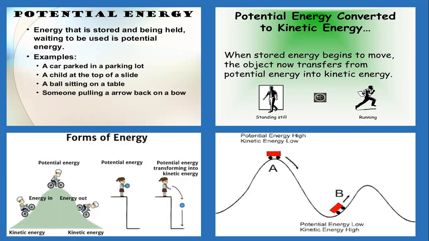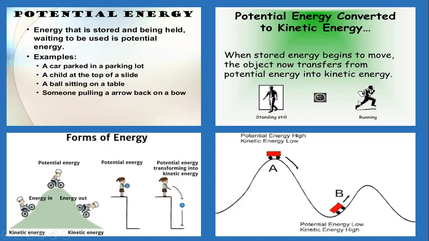Potential energy is converted to kinetic energy. Understand? All types of energy are forms of two types, potential and kinetic. Then potential energy is converted into kinetic. When stored energy begins to move, the object transfers from potential energy into kinetic energy. Always remember, when a person is standing, they have potential energy.